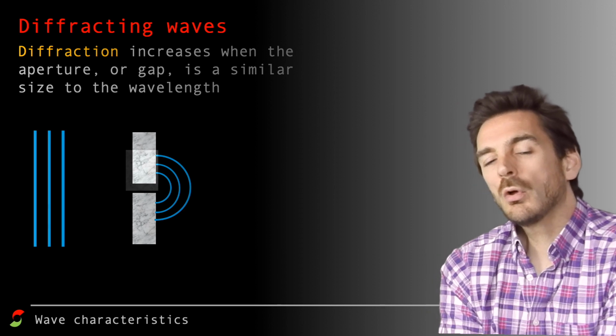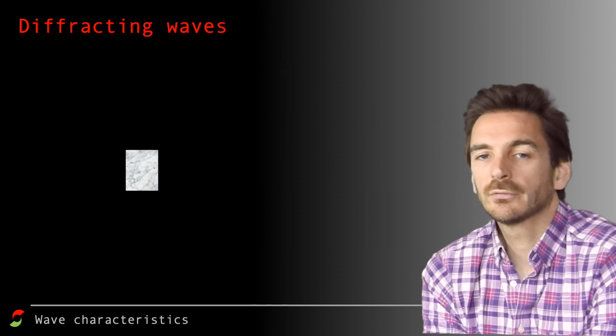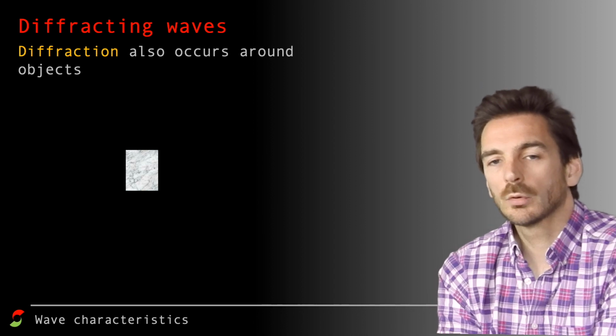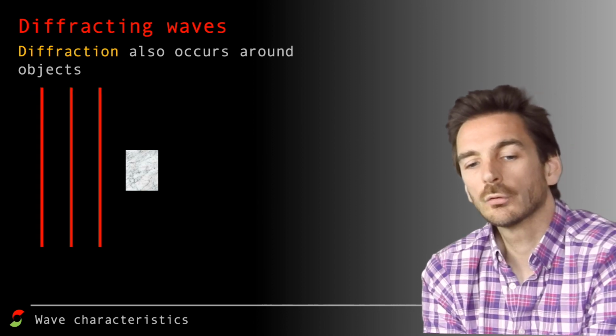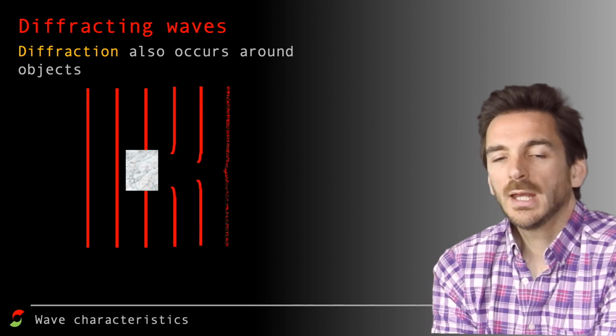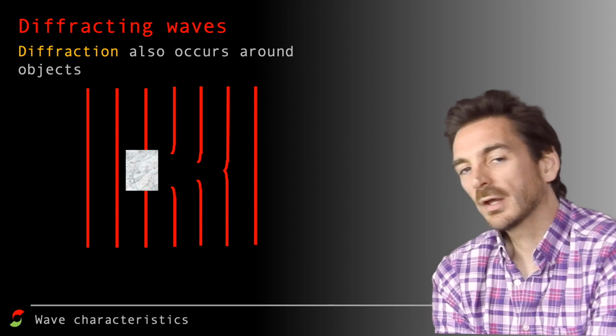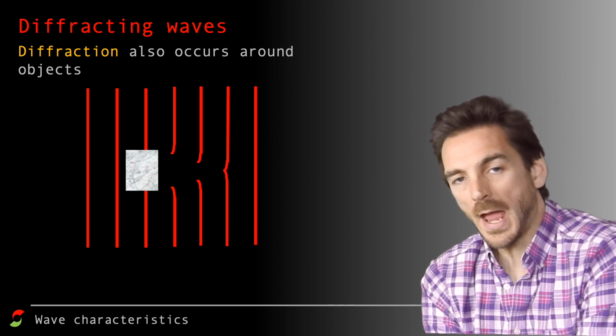So diffraction also occurs around objects, not just through gaps. So here we've got an object, and what we're going to do is we're going to move a wave towards it, and when it gets in contact with that object, it diffracts into the space beyond it, although there is a slight shadow area.